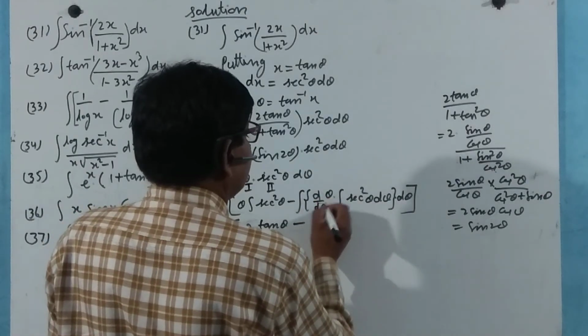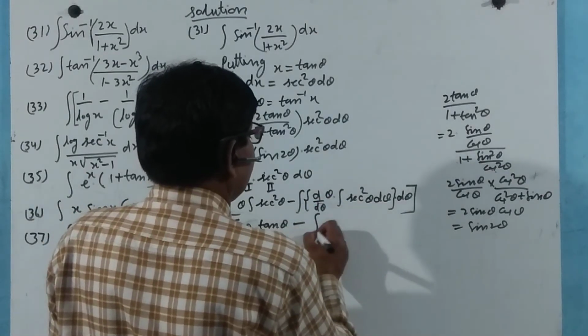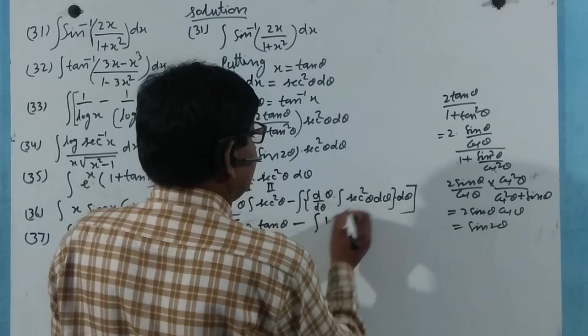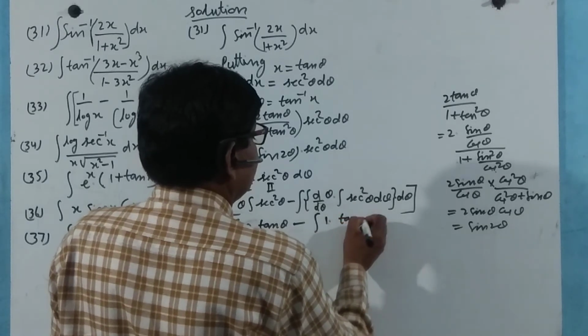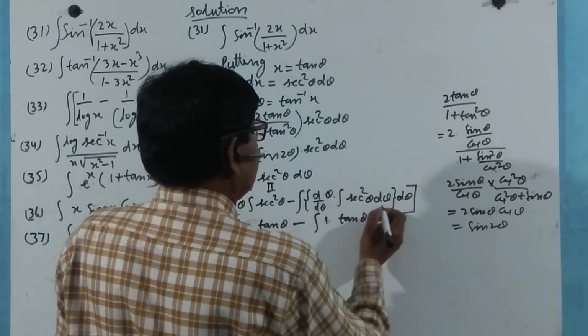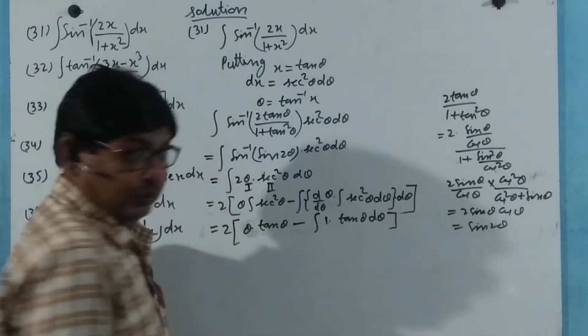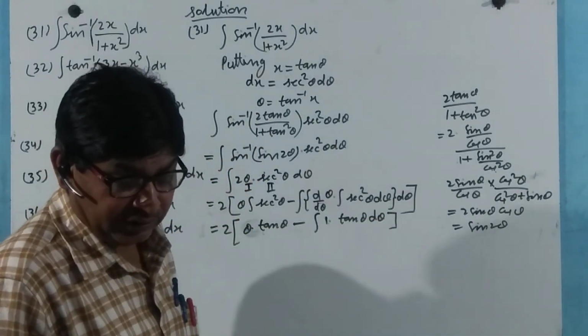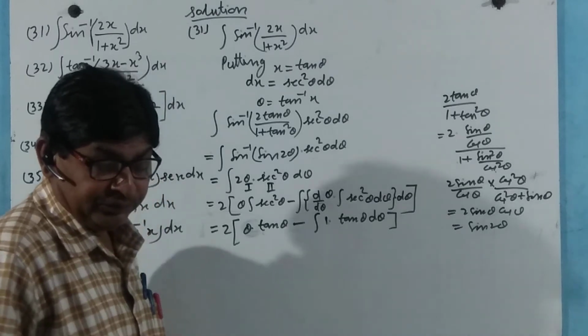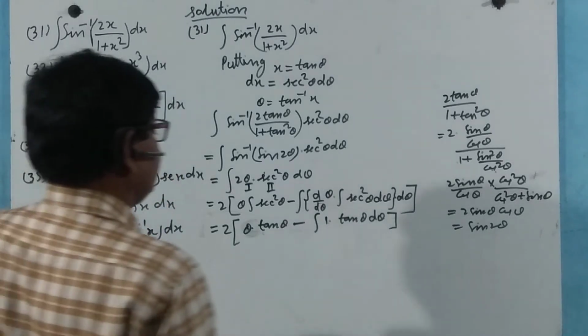Minus 1 times the integration of tan theta d theta. Now the integration of tan theta is log sec theta.